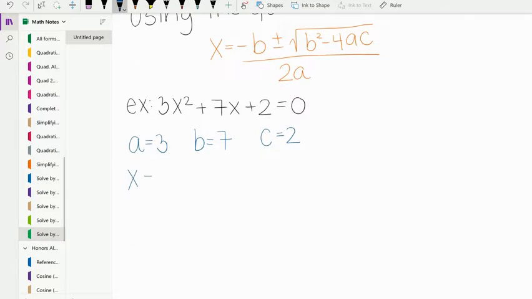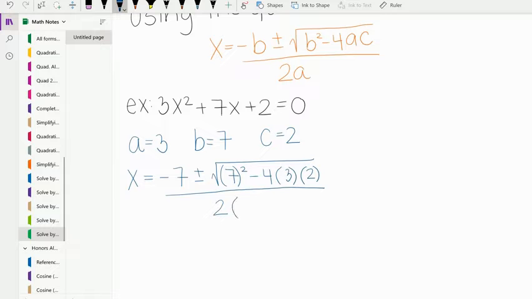So x equals negative b, so b is 7, so it will become negative 7 plus or minus the square root of b squared, so 7 squared, minus 4, and then we have a and c. This first time I'm writing it out more than I normally would, just so we can see what's happening. And we divide this whole thing by 2 times a, and a is 3.